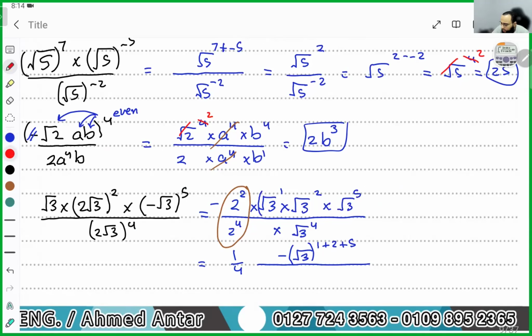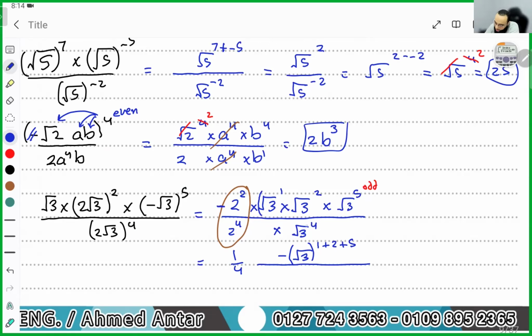So you only delete the negative sign if it is in the question itself with an even power above it. If it was negative root 3 power of 8 actually, then you can delete the negative sign. But if you got 8 after adding or subtracting the bars, don't delete it, because in this case the negative goes outside the bracket, okay?